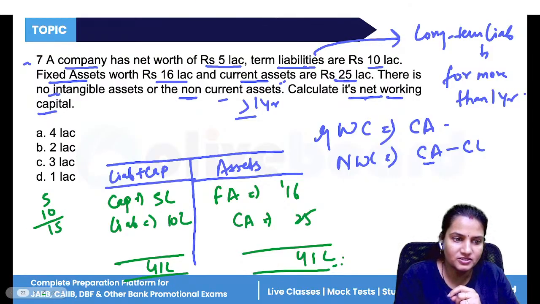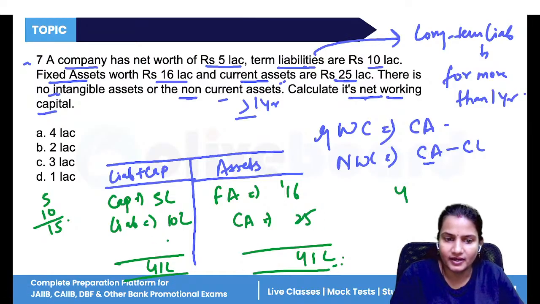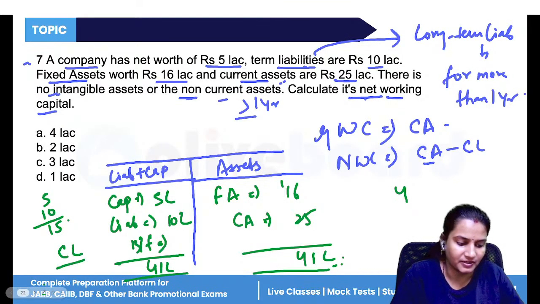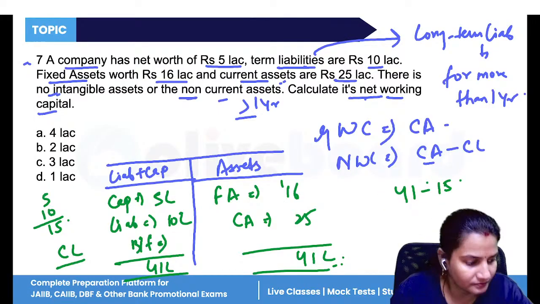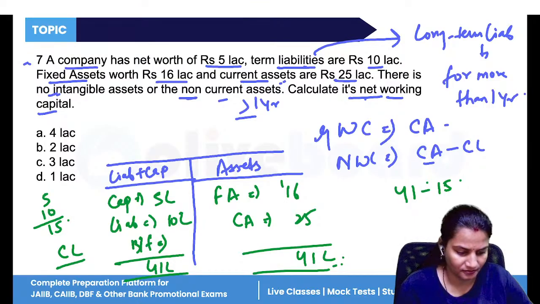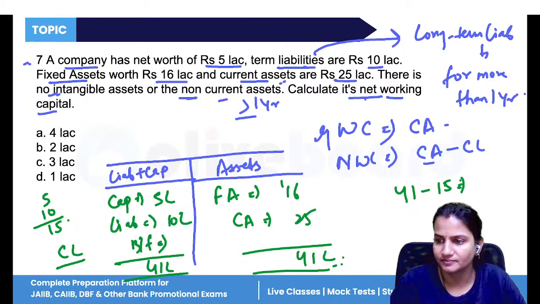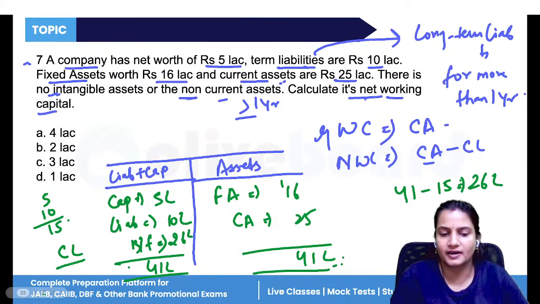Whatever the balancing figure will come, that will become your current liabilities. So what is the balancing figure? 41 minus 15. That is 26. So 26 lakh is your current liabilities.